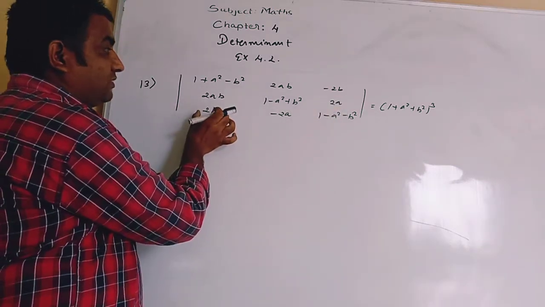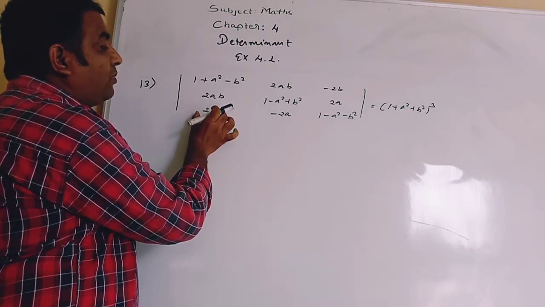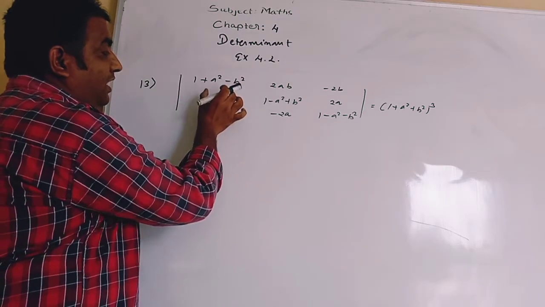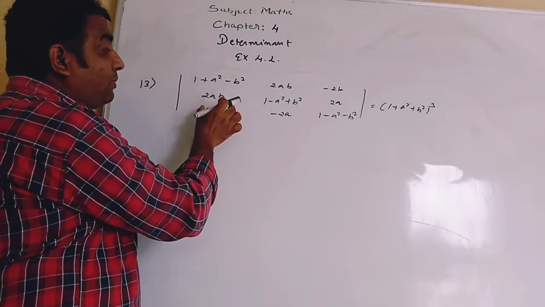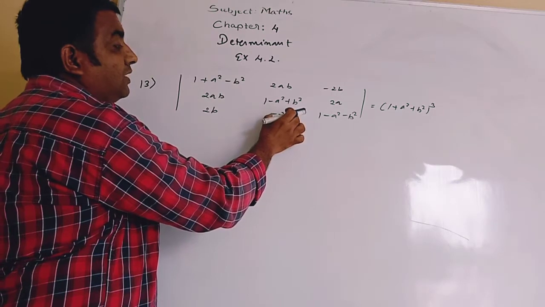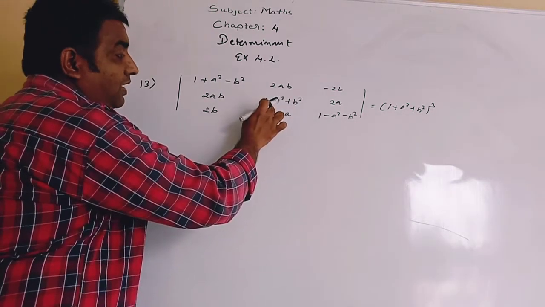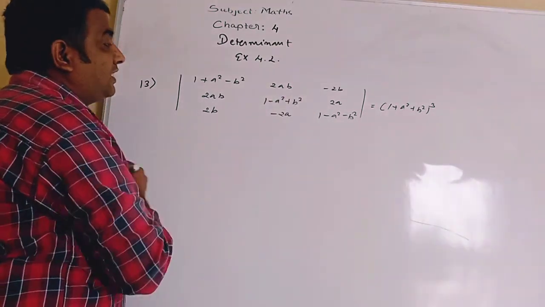Same way here, 2b, and third row we multiply by a and subtract from here, then 2ab − 2ab is 0, then −2a will convert into −2a², and here it will be added, subtracted, so plus 2a², and like this.